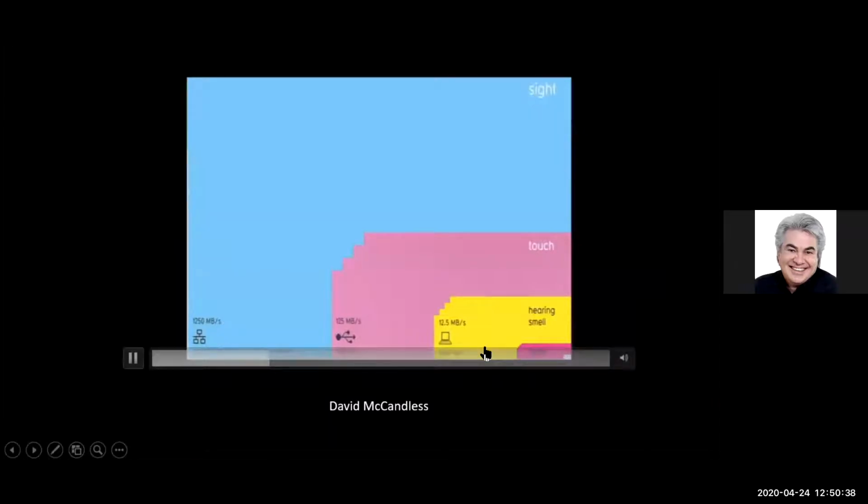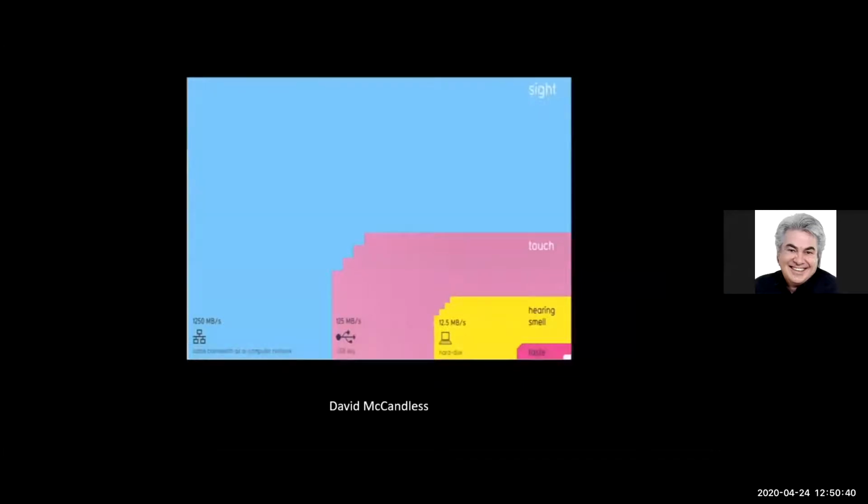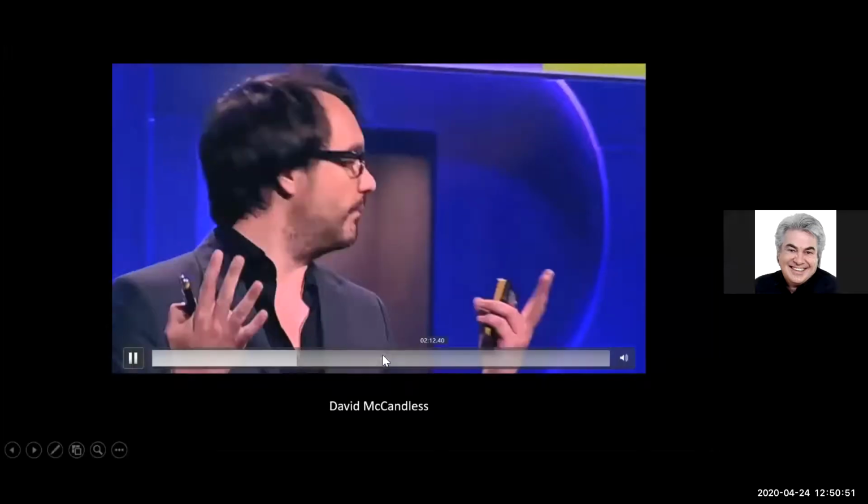And then you have poor old taste, which is like barely the throughput of a pocket calculator. And that little square in the corner, 0.7%. That's the amount we're actually aware of. So a lot of your vision, the bulk of it is visual and it's pouring in, it's unconscious. And the eye is exquisitely sensitive to patterns in variations in color, shape, and pattern.